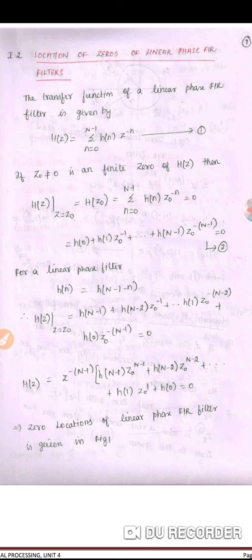If you expand this equation, in the place of n you substitute 0, 1, 2, 3, and so on till N minus 1. So h of 0 plus h of 1 into z naught power minus 1 plus so on, h of N minus 1 into z naught power minus of N minus 1, equal to 0 to get the zeros.